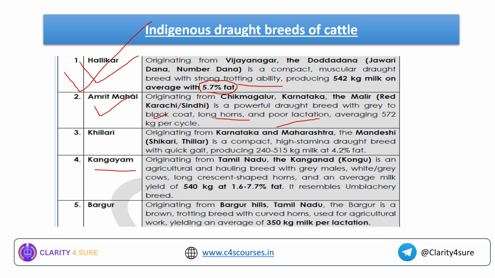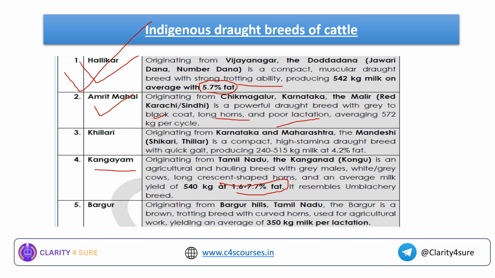The average milk yielding capacity of the cows here is 542 kg, and the fat percentage differs from 1.6 to 7.7 percent. This is very important because some cows give less fat percentage, and some cows of this particular breed give a very high fat percentage. One important thing to note down is that it resembles another breed from Tamil Nadu, known as the Umblacheri breed.